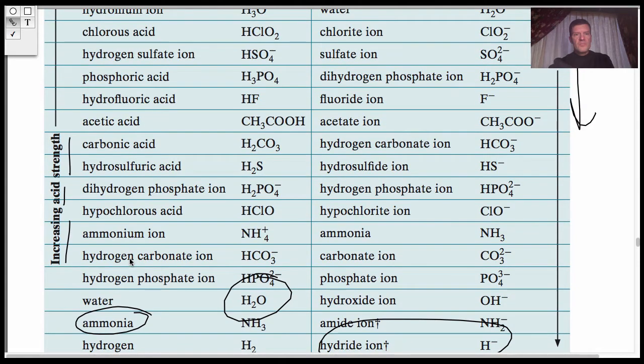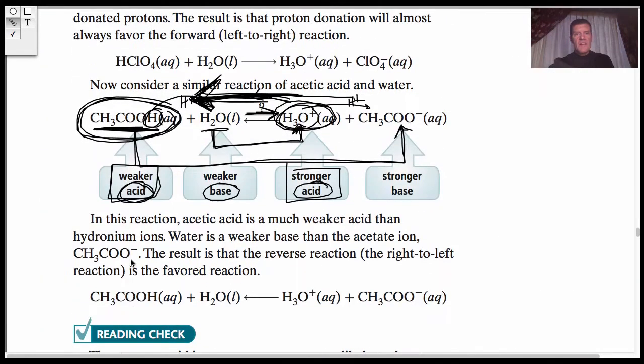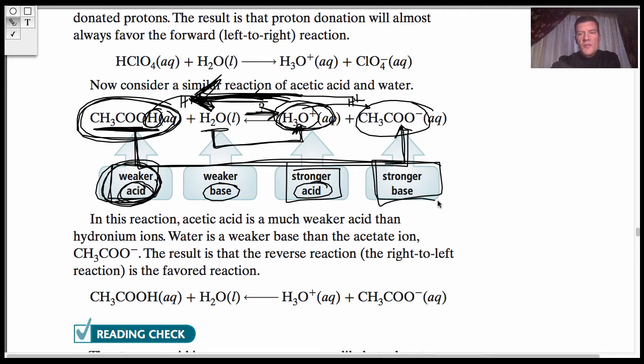Okay? The weakest acids. And you'll see back up here, look, you see how the weaker acid produces over here this base, and this base that it produced is stronger than the other base on the other side.